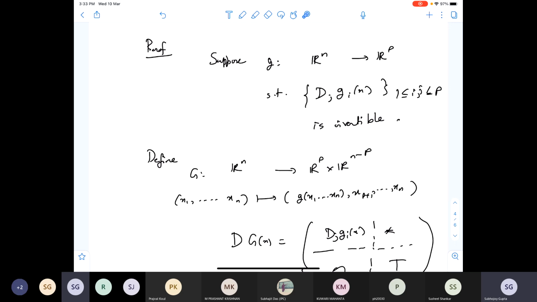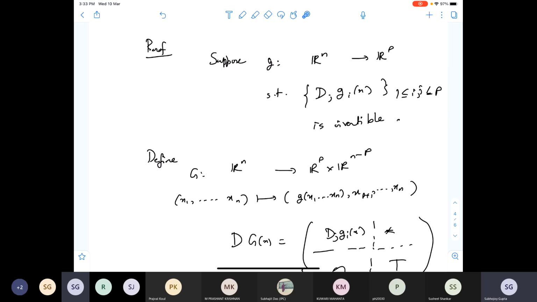So it's actually a diffeomorphism of Rn to Rn, so that won't change anything, right? So we can assume that it's the first p variables that make it a rank p matrix, and so this square matrix would be invertible.